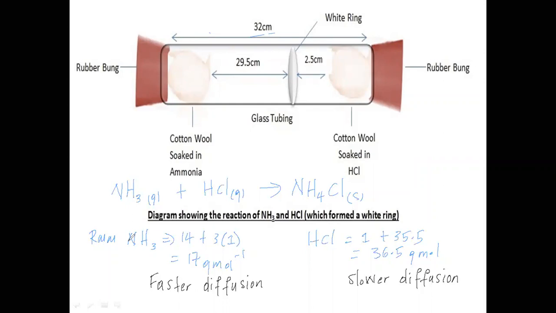So ammonia has an RMM of 17 grams per mole versus the hydrogen chloride, which has an RMM of 36.5 grams per mole. This is heavier than the ammonia. The ammonia is able to diffuse at a faster rate, as it is a smaller and a lighter molecule as compared to the hydrogen chloride.